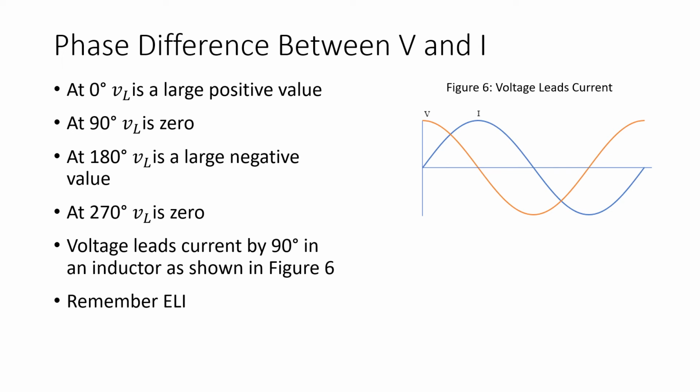Now, in the old days of electricity, source voltage was symbolized with the letter E. So students would remember that voltage happens before current in an inductor by remembering ELI: voltage leads current in an inductor. If you remember ELI, it'll help you remember the relationship between voltage and current in an inductor.